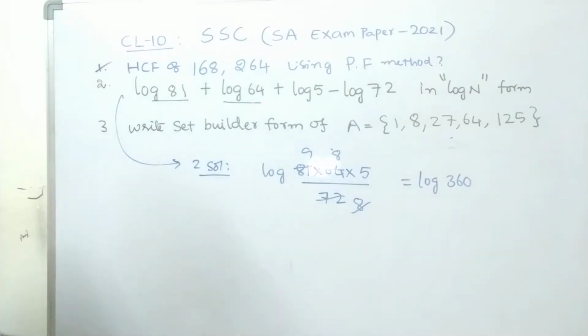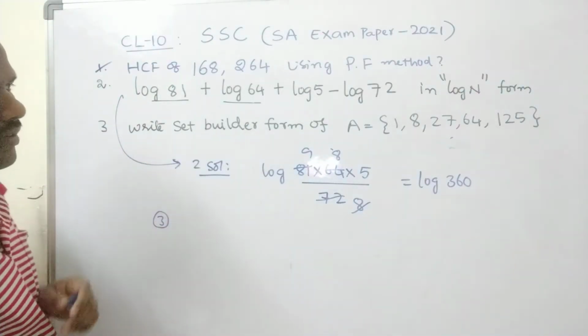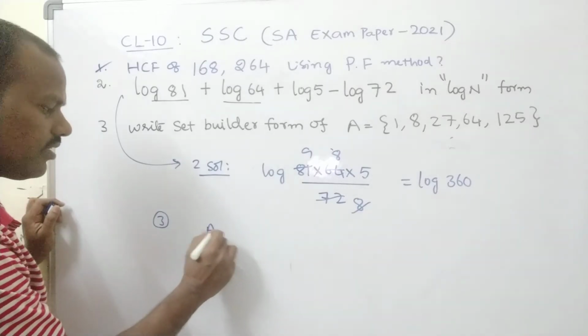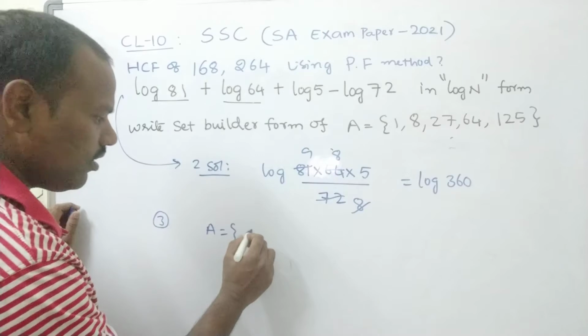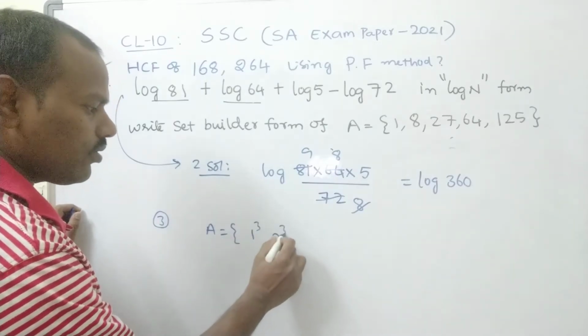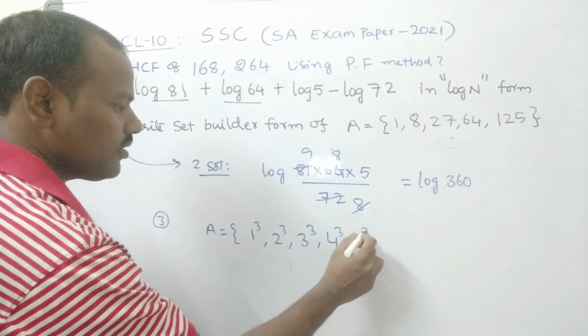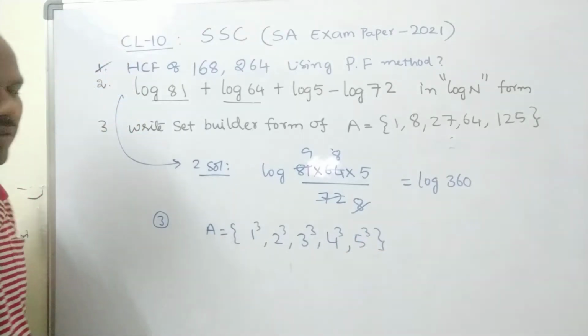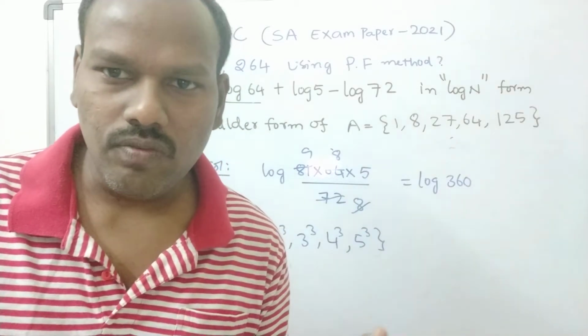That's it. Next question, question number 3. Write the set builder form of A. Set A is given as, if you observe, all are perfect cubes: 1 cube, 2 cube equal to 8, 3 cube 27, 4 cube 64, 5 cube is 125. We need to write set builder form, which is also called description form or rule form.